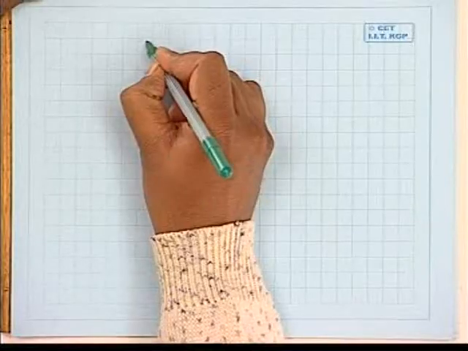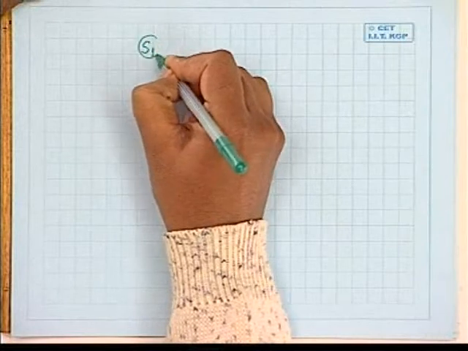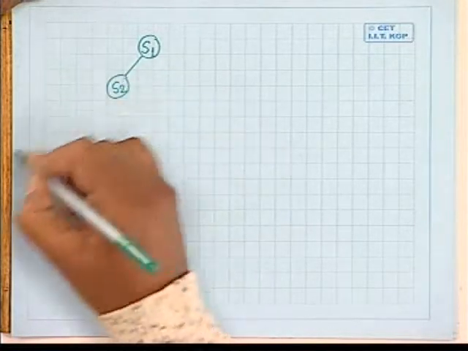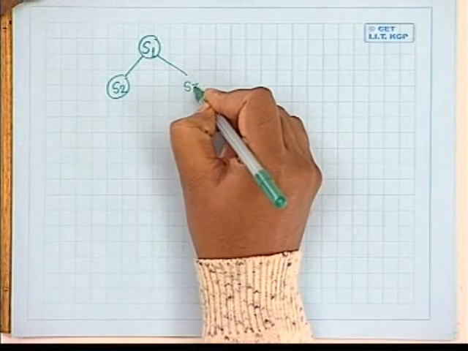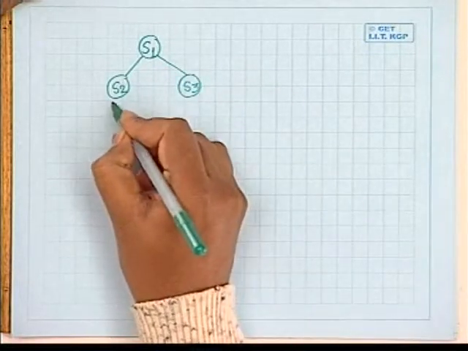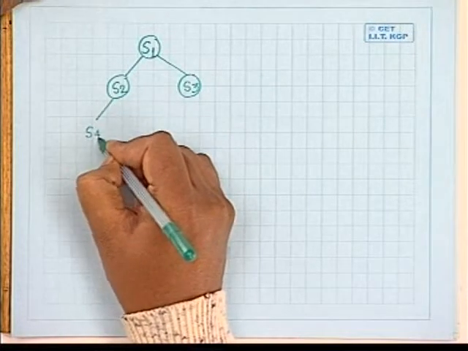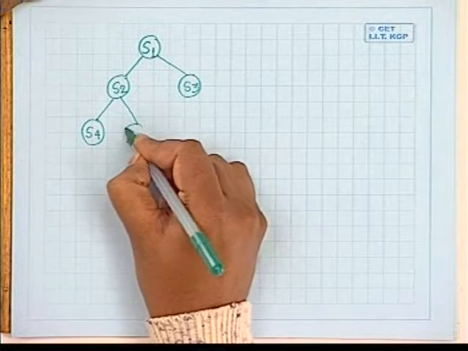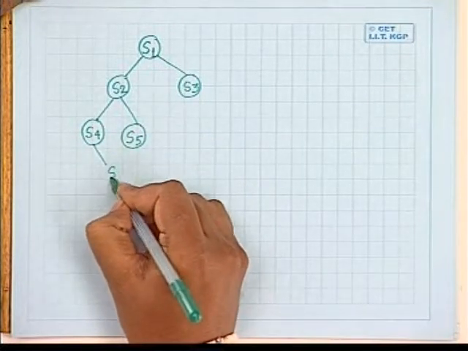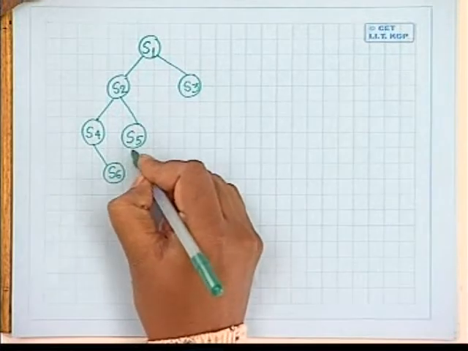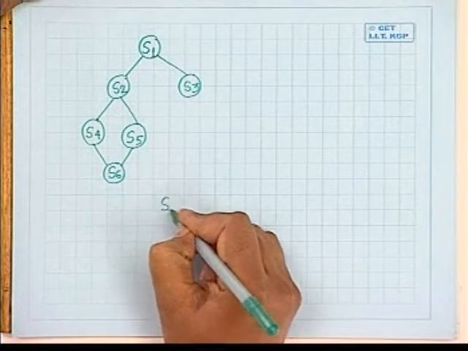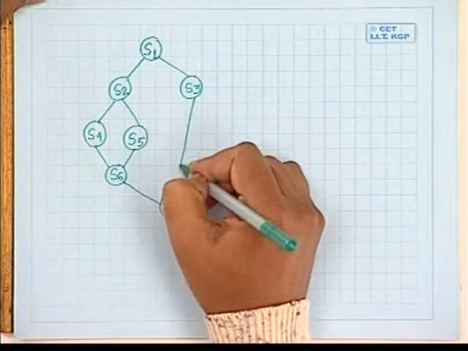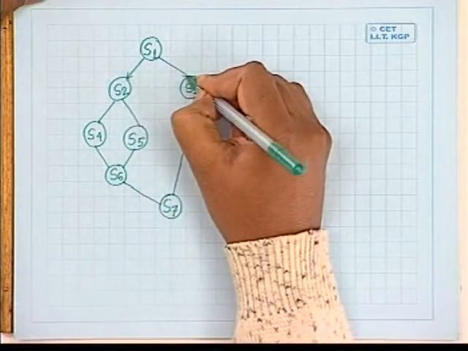So I take a very simple precedence graph like this, say S1, S2, S3, S4, S5, S6, then S7. So this is the precedence graph that we have.